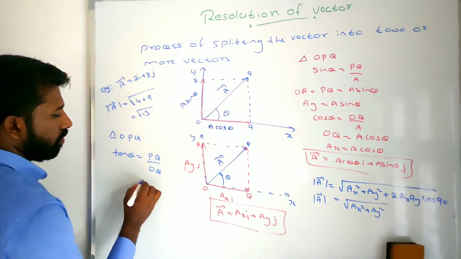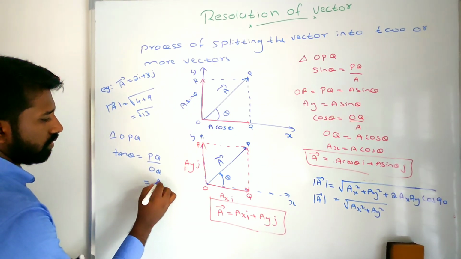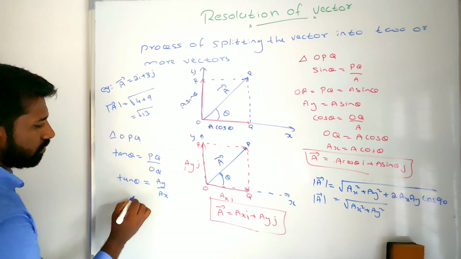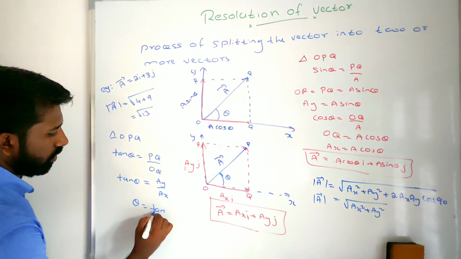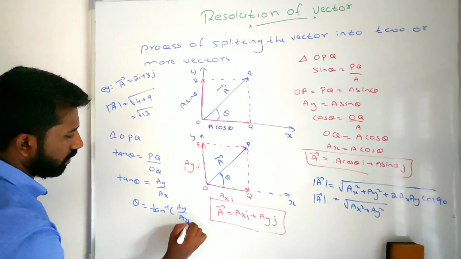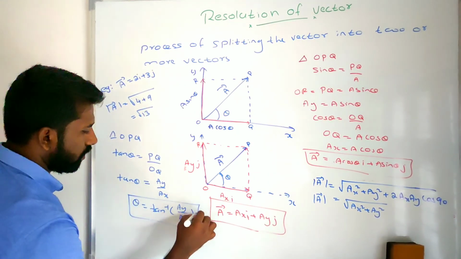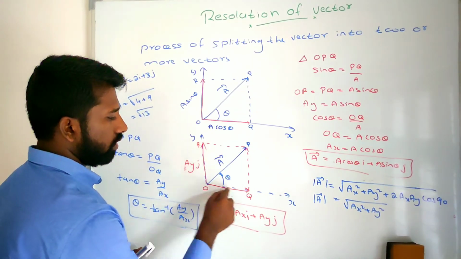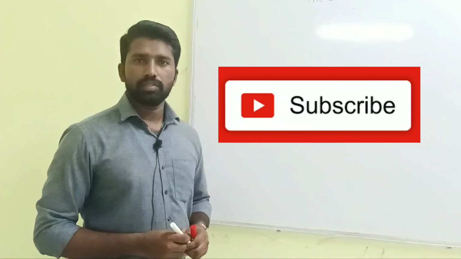PQ is equal to OR, that is, we can say AY divided by AX, that is tan theta. So theta is equal to tan inverse of AY divided by AX. This is the direction. So the A vector makes an angle theta with the X.